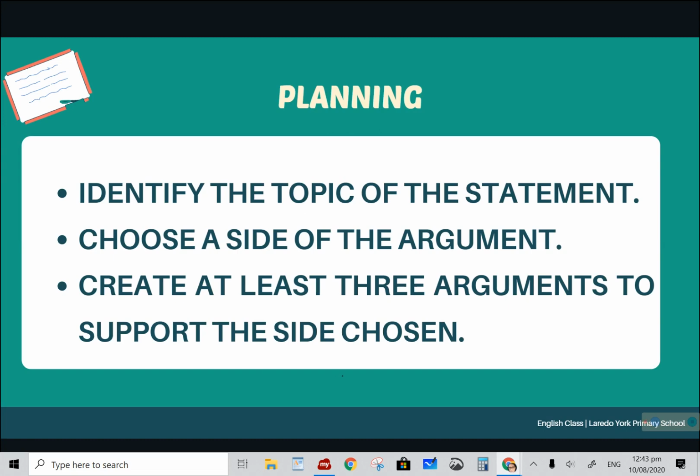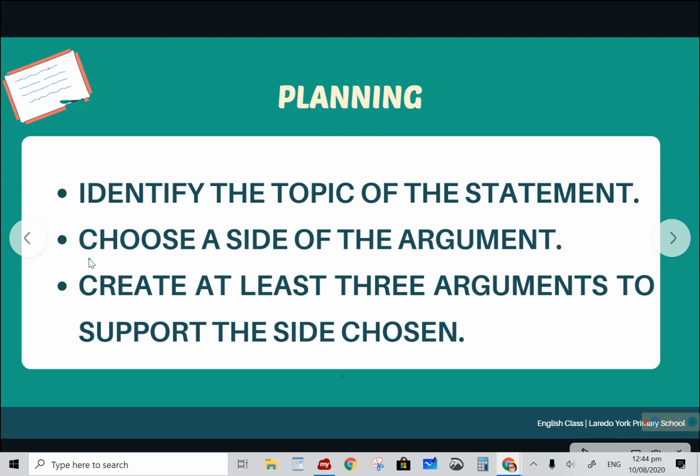If it is something that you should have learned to do in the classroom, it will be obvious that you did not learn to do it and you were not prepared to write an effective essay. So the first thing that you do is to identify the topic of the statement, and in doing so, you have to write it down.